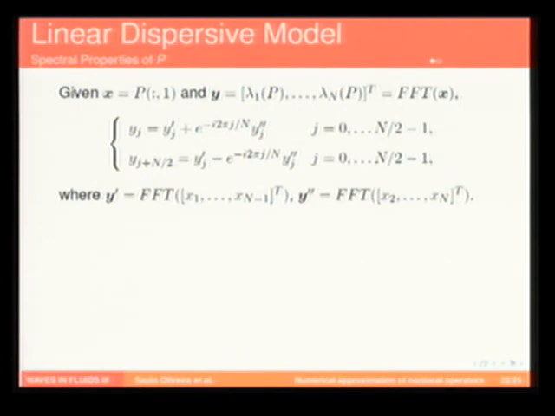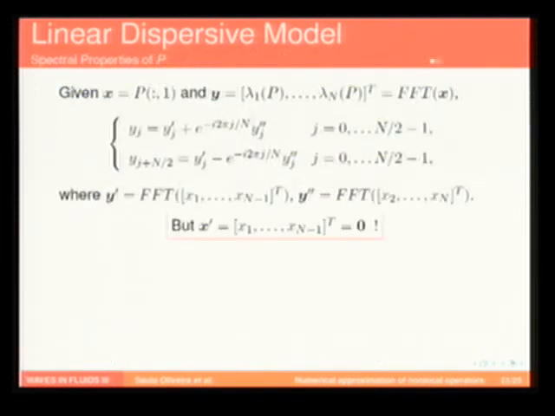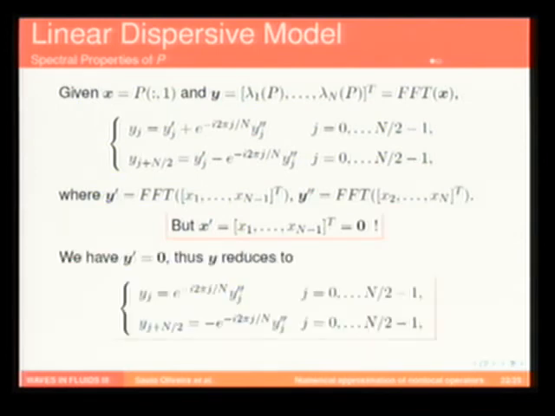But the odd components, 1, 3, 5, and so on, are all 0. So all of these will go away. So x prime is 0, y prime will be 0 as well. And our FFT will be much simpler. We have only the 2 prime term.